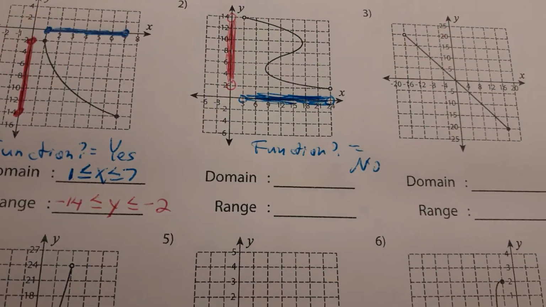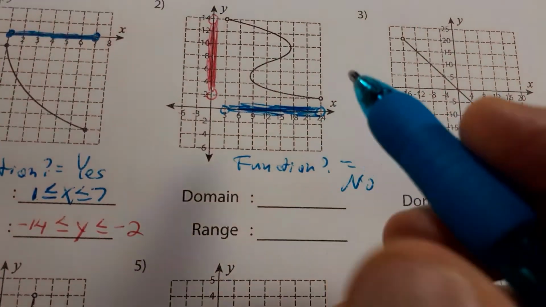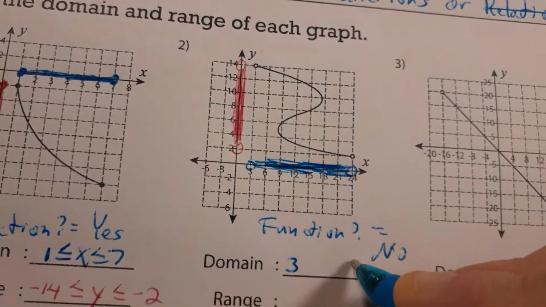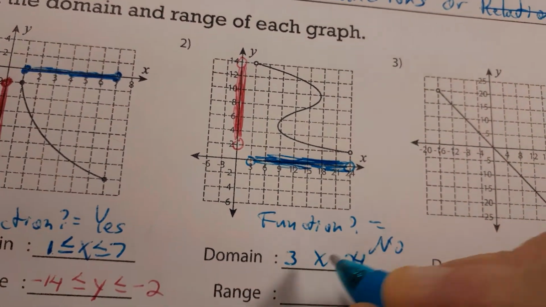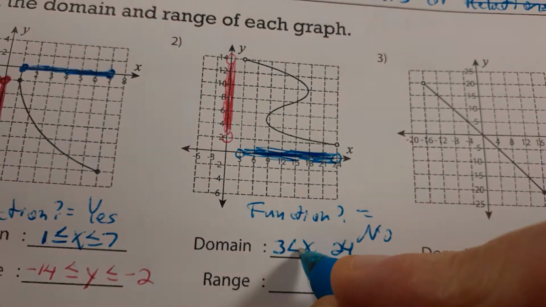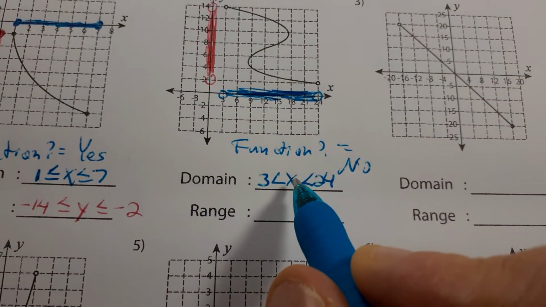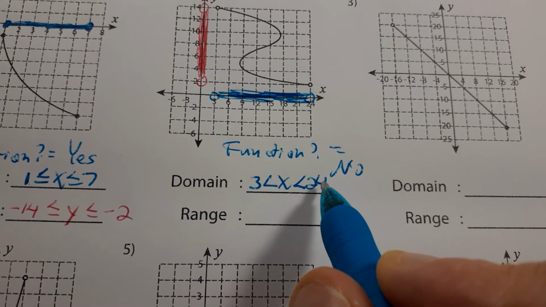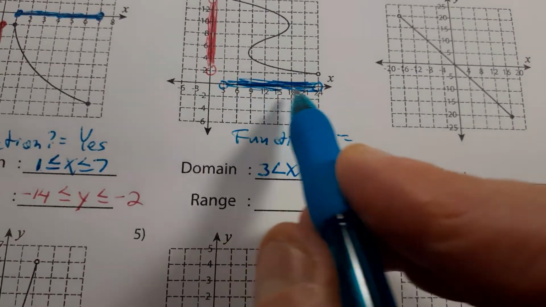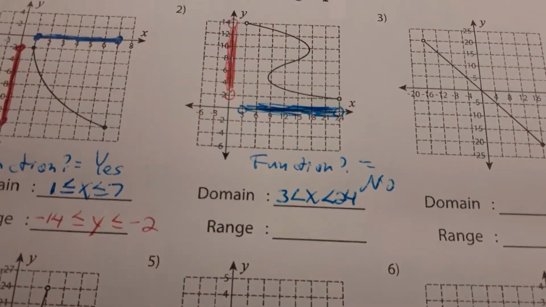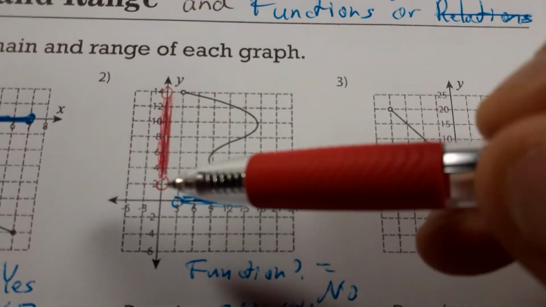All right, and so our values go from 3 to 24. If we're writing 3 and 24, x goes in the middle. Since they're open, we do not put equal signs on our inequalities. So x is greater than 3, but less than 24. That's the domain values. For our range, the lowest number is 2.